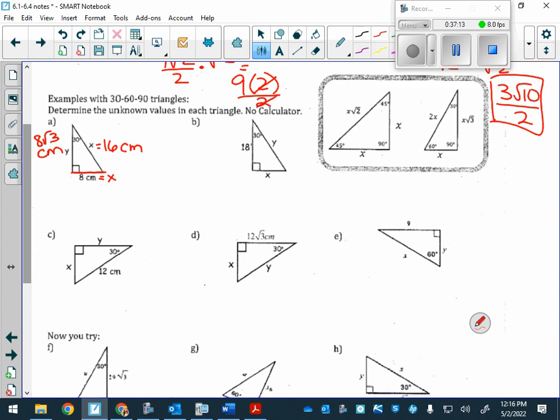Okay. Now with B, what is given to us? 30, 60, or 90? 60. Okay. Now across from 60 is 18. What is that equal to according to what I have here? X root 3, or 2x? X root 3. So you have 18 equals x root 3. How do I solve for x? Go ahead, Andrew. 18 over root 3.